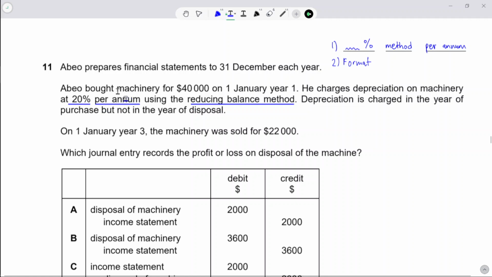In this case, I want you to change slightly. In the year of purchase, this one is year, so this can actually mean per annum. Think like that.